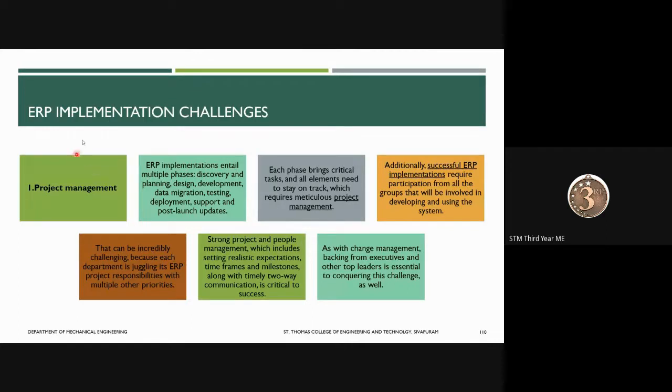So, basically it is some of the challenges faced or some of the disadvantages that we face while making ERP. The first one is project management. We know that under ERP, we are compiling a combination of various data, right? A huge volume of data is being collected at a particular location.